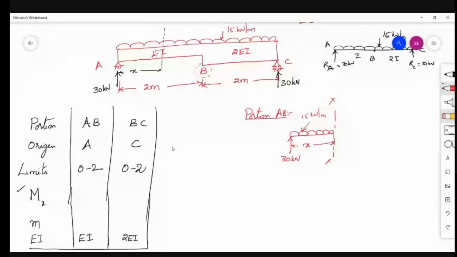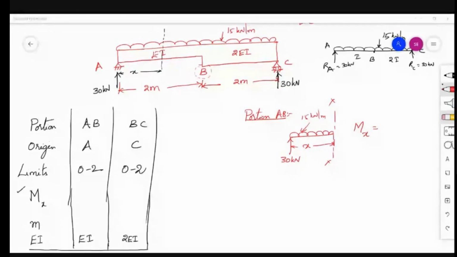Now, can any one of you tell me what the Mx value is? Moment at X. I'm just waiting for an answer. What is the moment at section X?